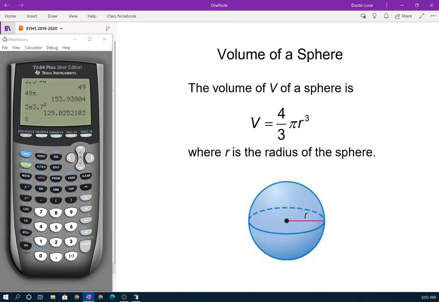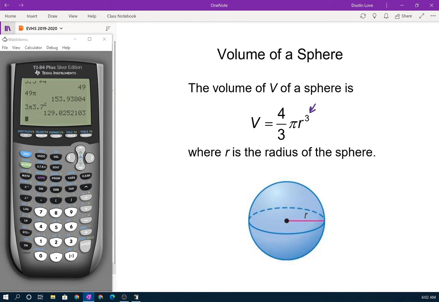It's a thing called the washer method of integration. You can do the exact same thing with cones. So volumes of spheres and cones will come up again when you get to your calculus classes. But anyway, 4/3 pi r to the third power.